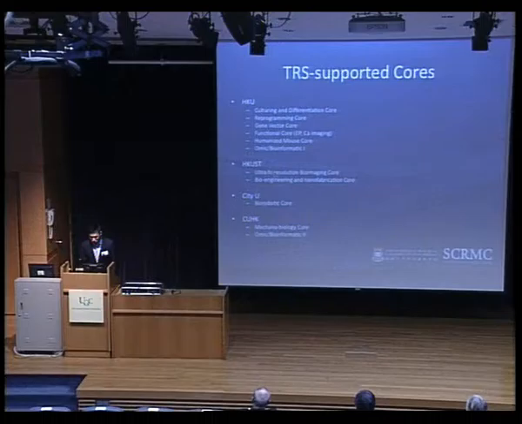And at HKUST, they focus on ultra-high resolution bioimaging, and also there's a bioengineering core for generating some of the constructs that we are using for tissue engineering. CityU has the biorobotic core, and CUHK has the mechanobiology core, and also, as I said, the other component of the omic core.